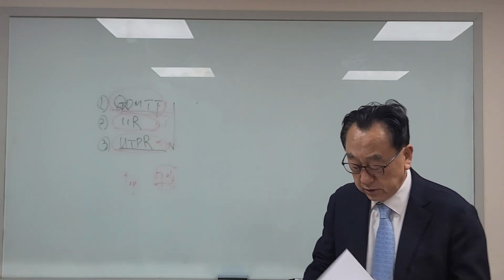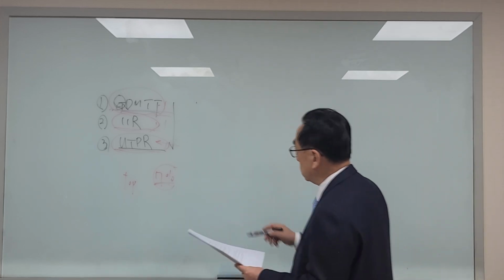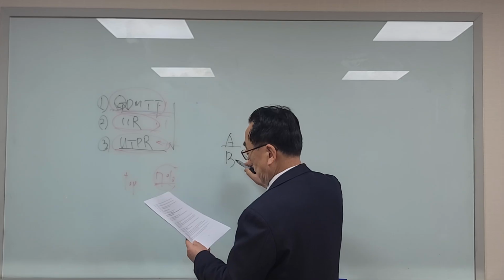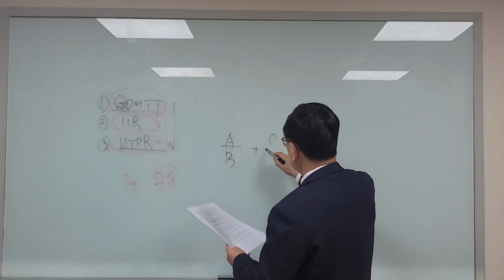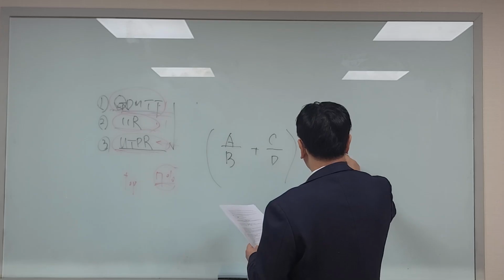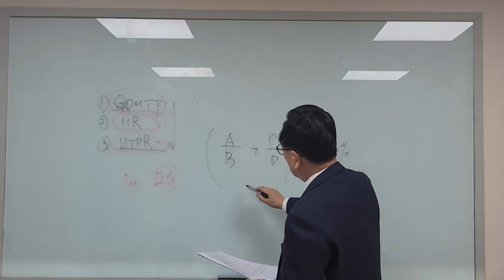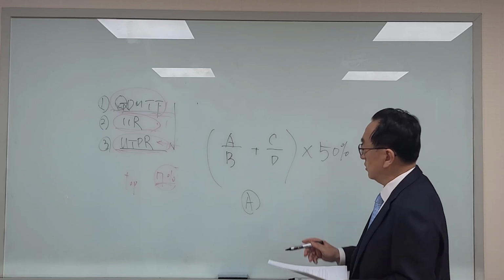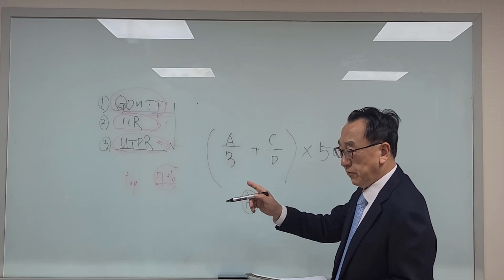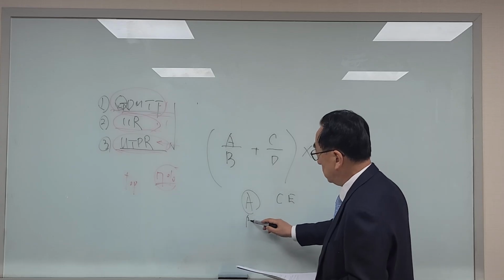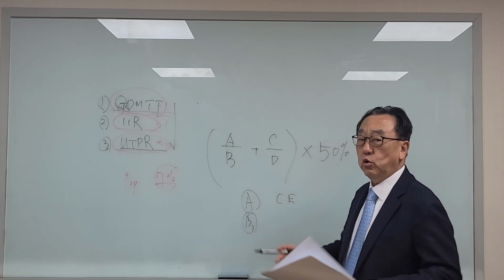The applying ratio is A divided by B plus C divided by D, each multiplied by 50%. Okay? A is the number of employees of a certain specific constituent entity. B is the number of employees of the whole group.